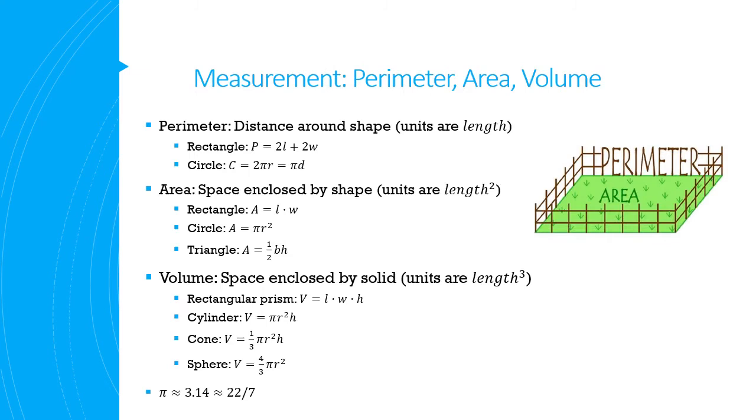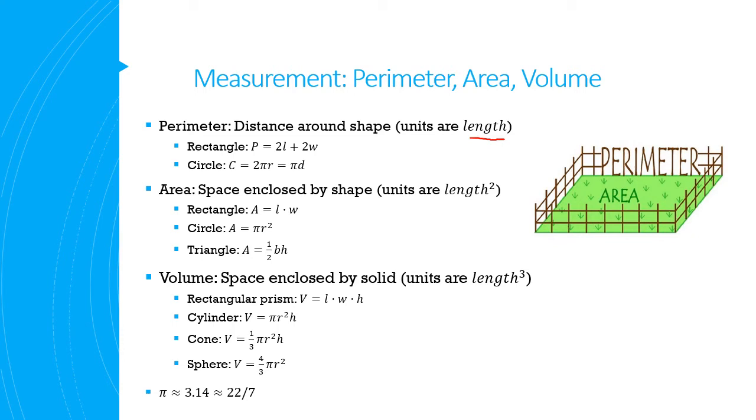Next, I'm not going to read all of these formulas, but you'll need some measurement skills. You'll need to understand perimeter, area, and volume, and know some formulas for some basic shapes. So perimeter is the distance that you'd have to walk if you were to walk all the way around a 2D shape, and its units are length, so feet, meters, inches, something like that.